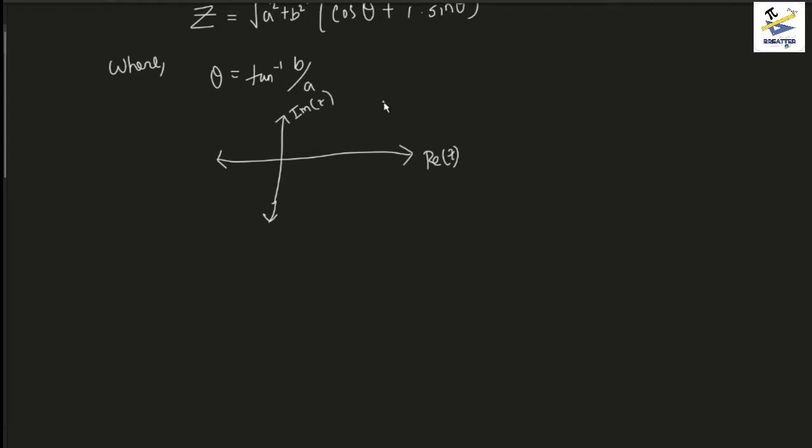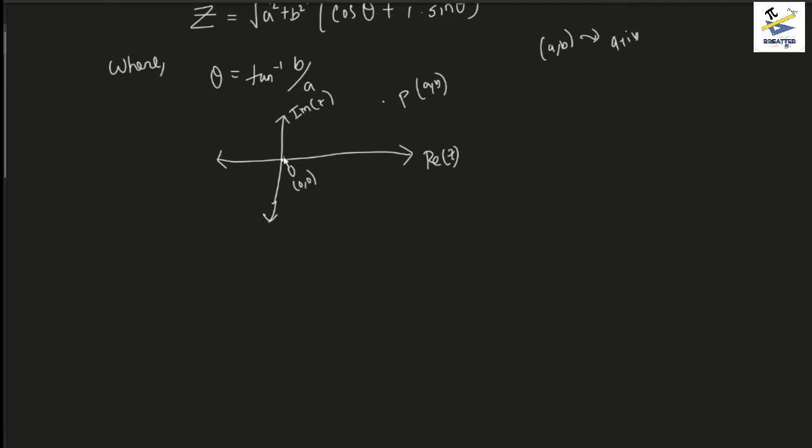Now a plus ib is a point here. This point is a comma b, and this point is origin. So every point here is a complex number. And by coordinates, when I write a complex number in the form a comma b, it corresponds to the complex number a plus ib.